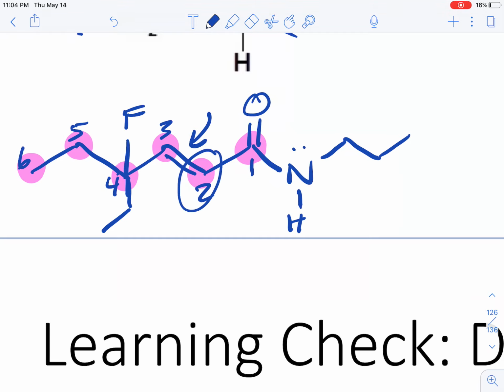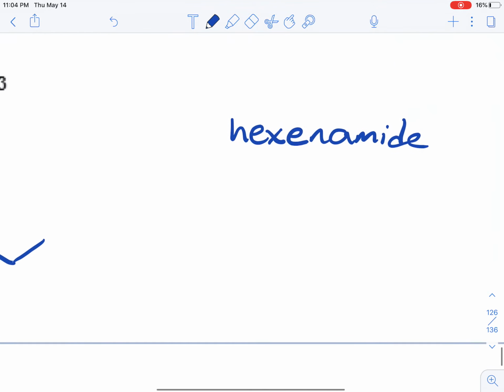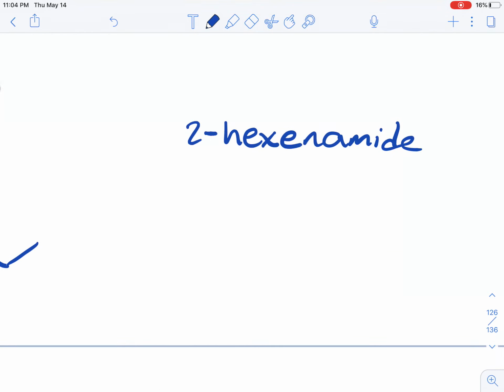So it looks like my double bond starts on carbon number 2. That means I need to put a 2 in front of the hex. And that tells me that the en, which represents my double bond, is going to be on carbon number 2. So I have 2-hexenamide.